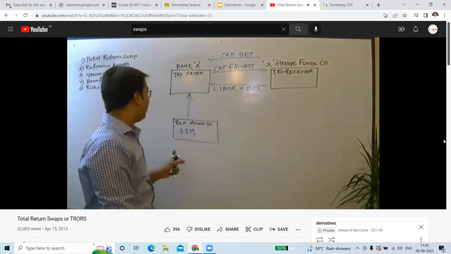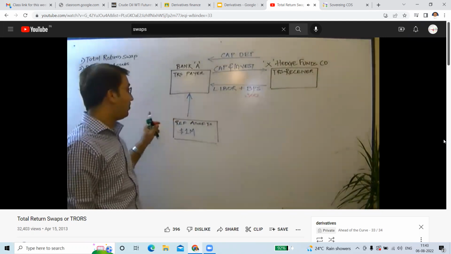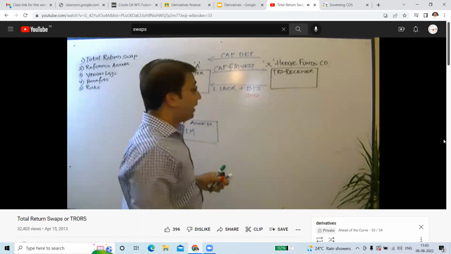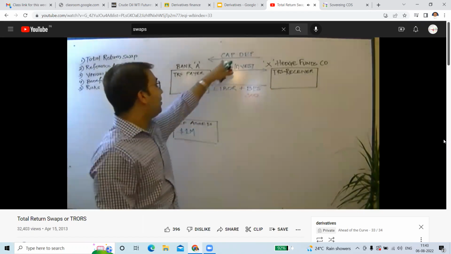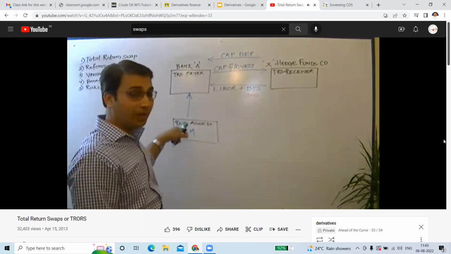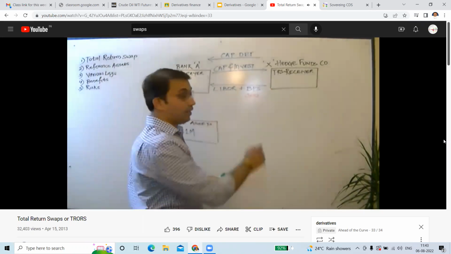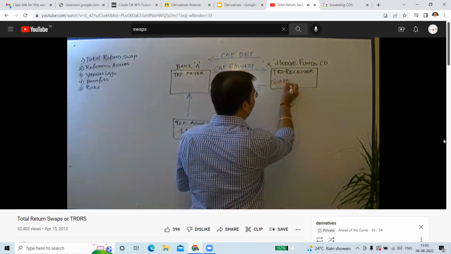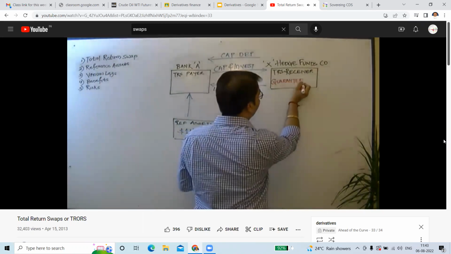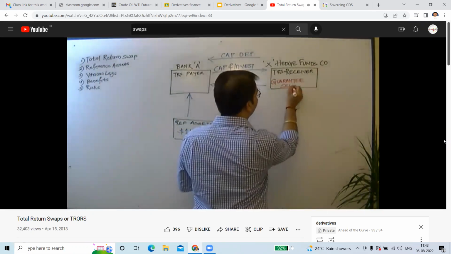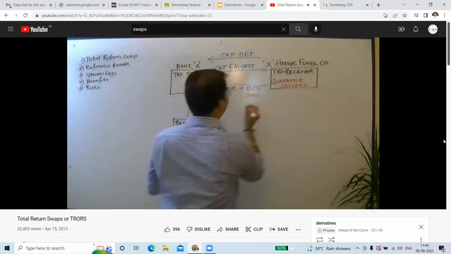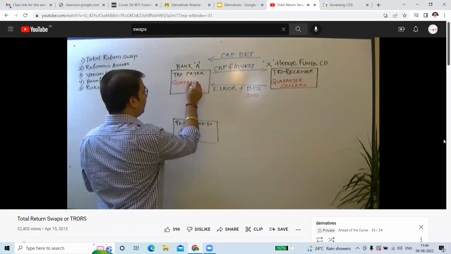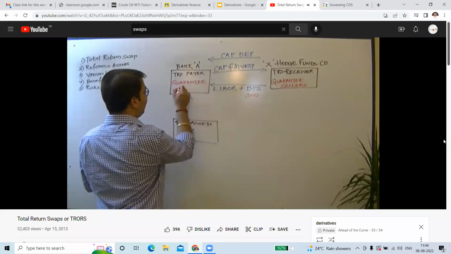If anything goes wrong with this particular reference asset and it depreciates in the real market, then X, the hedge fund company, is giving a guarantee that he is going to pay back the capital depreciation, whatever happened to this reference asset. So in this case, this party becomes a guarantee seller, and this party becomes a guarantee buyer.